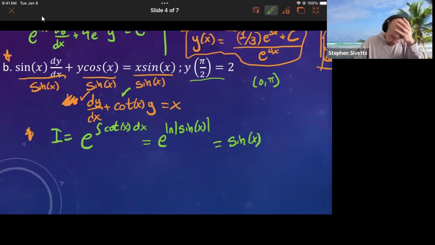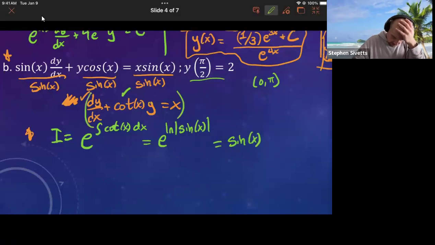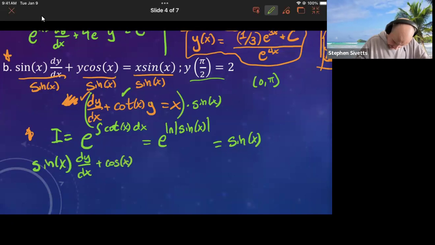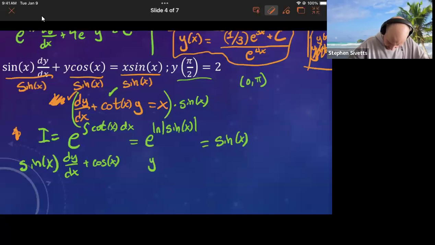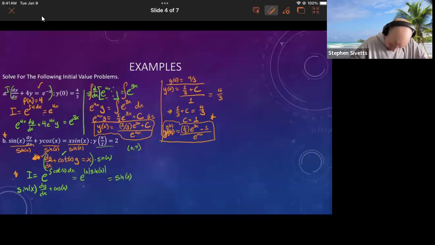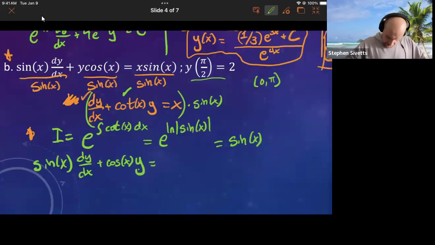Okay, so if we multiply both sides of the differential equation here by sine of x, what we will have is sine of x times dy dx plus cosine of x times y, and this equals x times sine of x, okay?